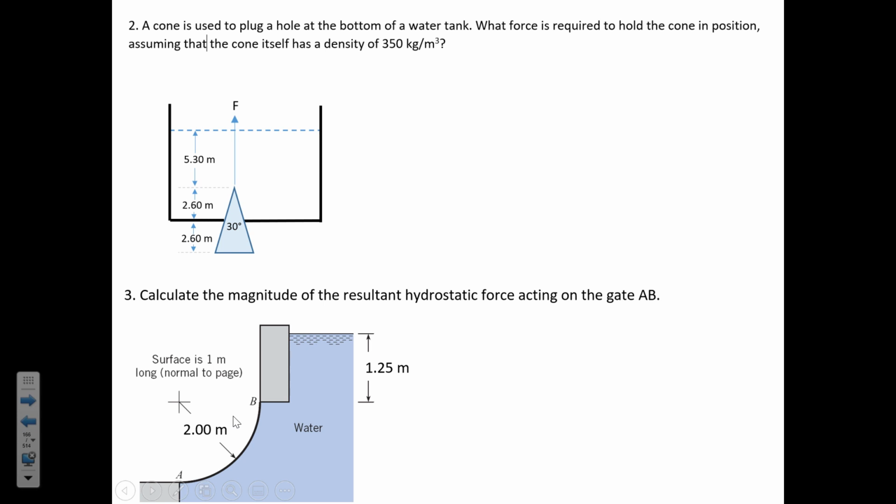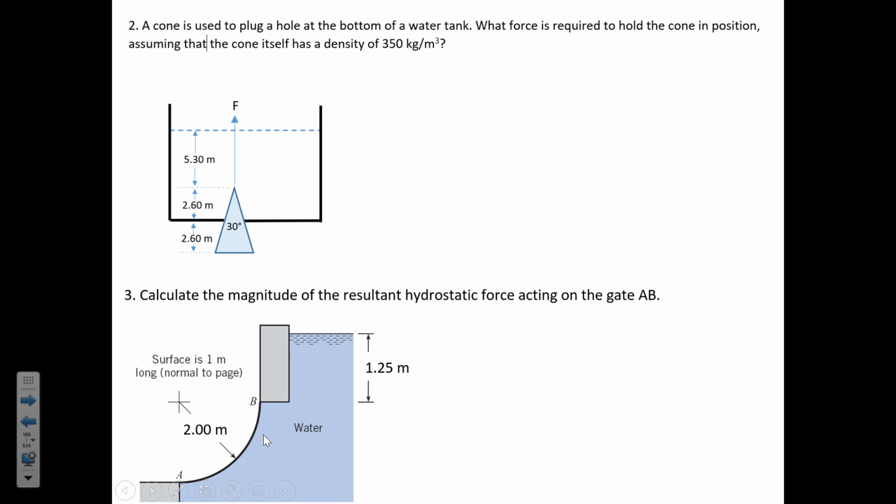So the magnitude of the vertical hydrostatic force is equal to the weight of the water that would be above the gate if you continue this water line to the side. Just imagine that there's some element of water above the gate, and that's going to be equal to the vertical hydrostatic force that the water itself is pushing on the gate.